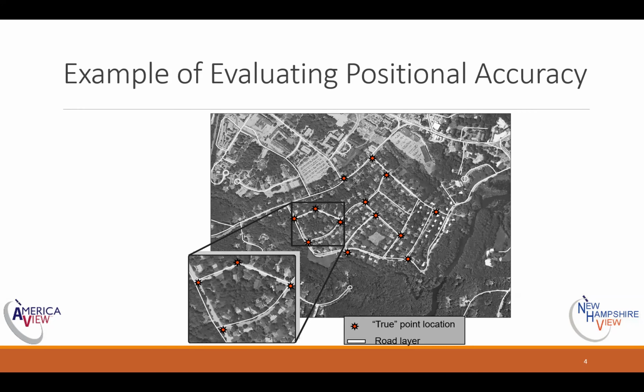If you listen to my introductory modules, you know that I'm not a fan of the word ground truth, and I've been trying to get rid of that term just because truth on the ground is not always real either, okay? But if you put it in quotes, maybe. So anyway, we're talking about the reference data comparison to the road layer, and you can see that they don't overlay exactly on top of each other. The road intersection and the reference points are just not right exactly on top of each other.